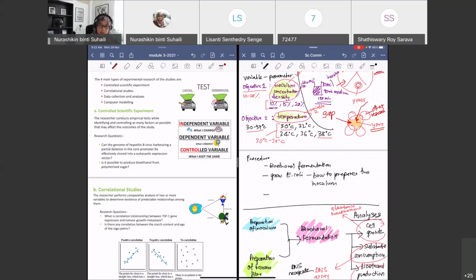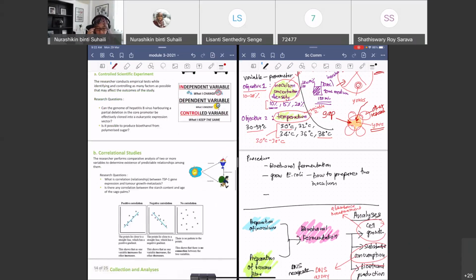Let's say you conduct the experiment at 10%, at 15%, and at 20%, and you compare the performance of the bioethanol fermentation. The way you vary the variable is actually you are controlling it. So that is an example of a controlled scientific experiment. Factors are the parameters or the variables.